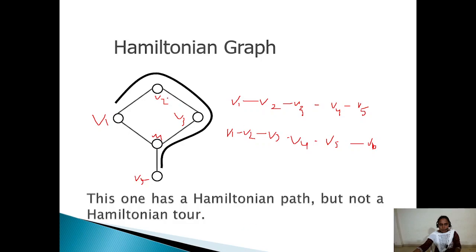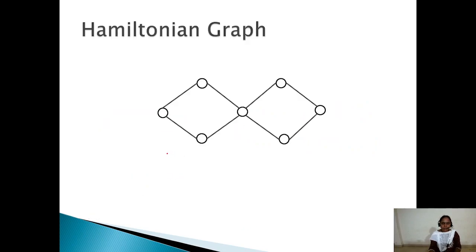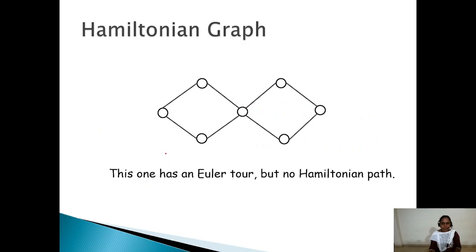This is not a tour of the Hamiltonian graph. See this example. This one has an Euler tour, but no Hamiltonian path. Euler tour means what? All edges are traversed exactly once.